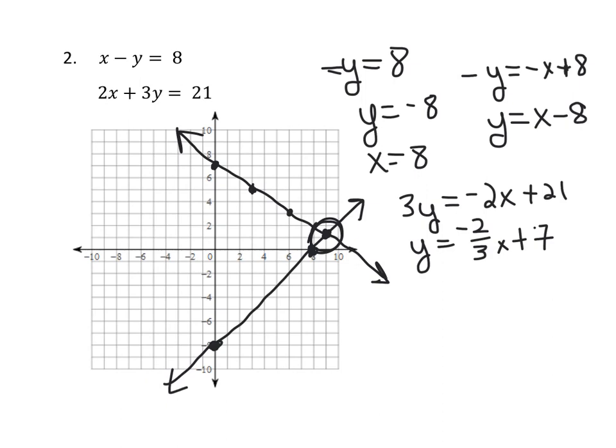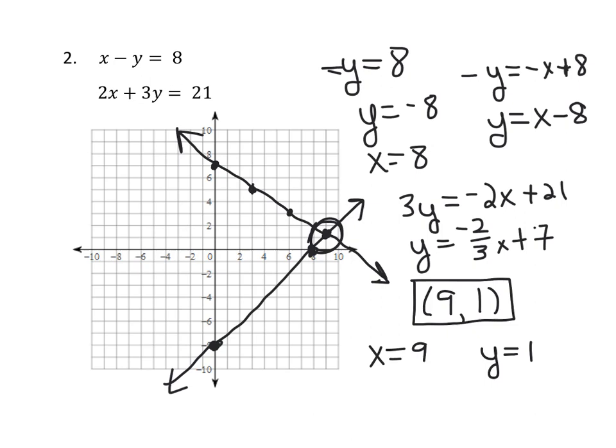You're going to have an x value, in this case 9, and a y value, in this case 1. This is your solution. If you just write x equals 9 somewhere on your page and then y equals 1 somewhere on your page, yeah, that's true. Those are the x and y values of the solution, but the actual solution is a point. And you should write your answer as a point.